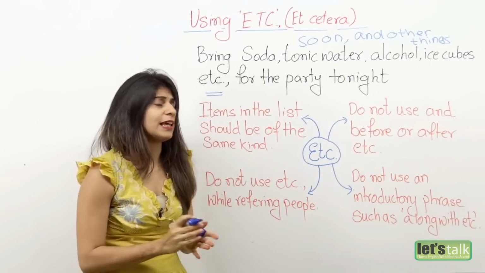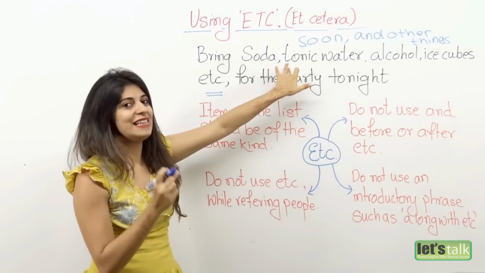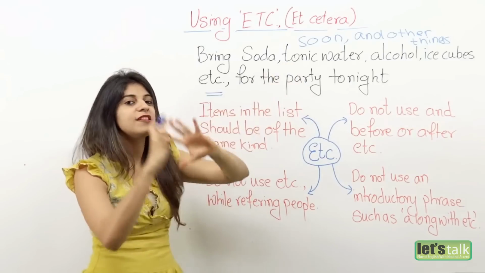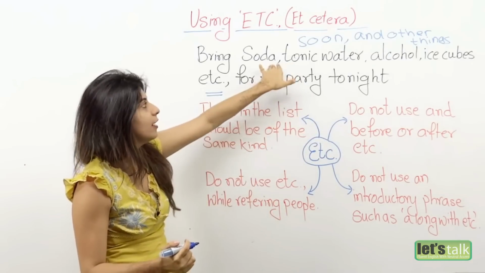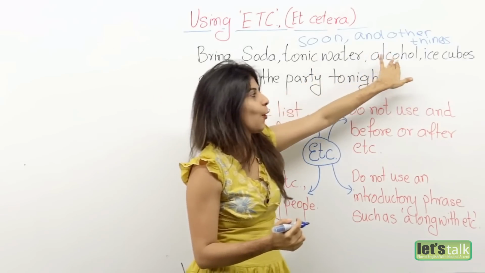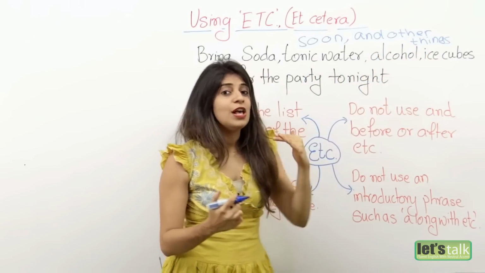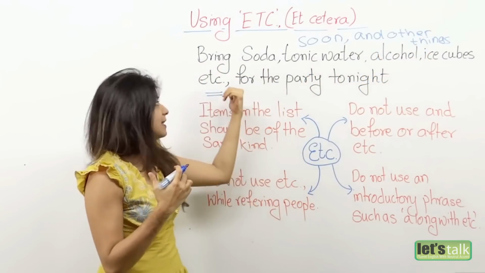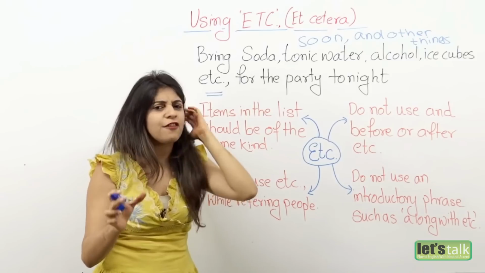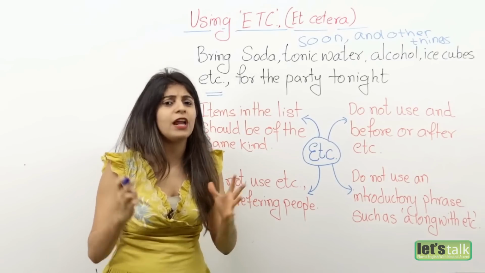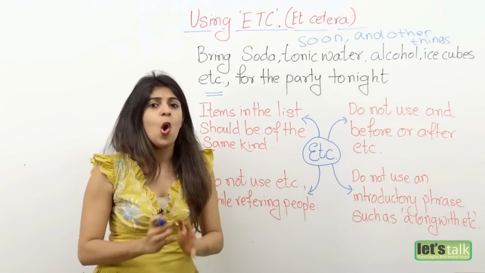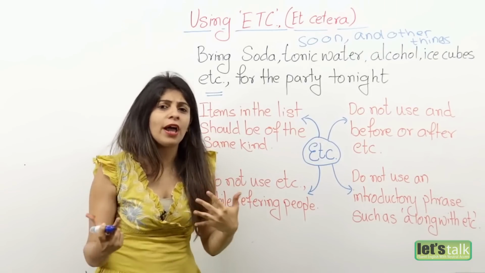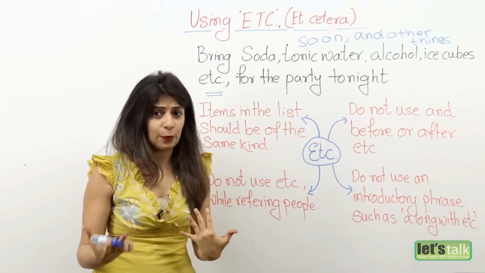Now if you see, the items in this list are of the same kind, of the same idea. Soda, tonic water, alcohol, ice cubes. And then I say etc. So my friend knows that basically we are having a drinking party and she needs to get all the items that are required for a drinking party, right?